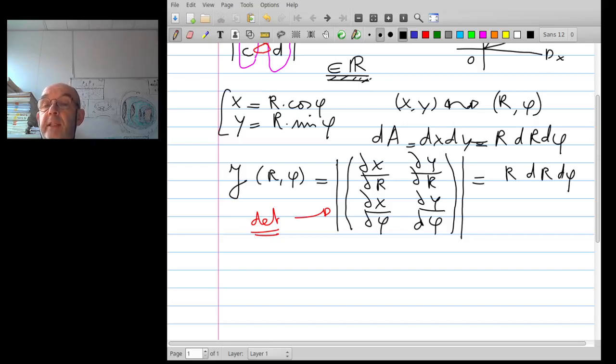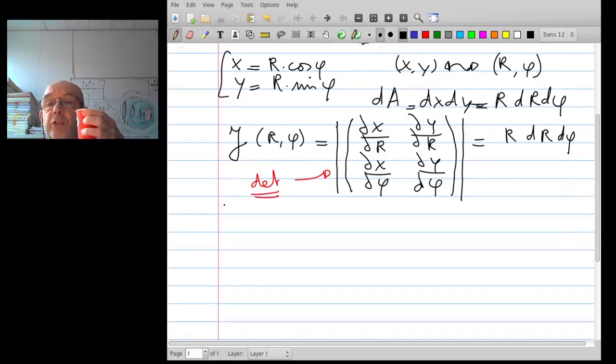But if we now had swapped the names of x and y, then we would get something else out of it: you will get minus r. And so if you see those integrals in Adams, you always see the absolute value of the Jacobian. So then you have the absolute value.